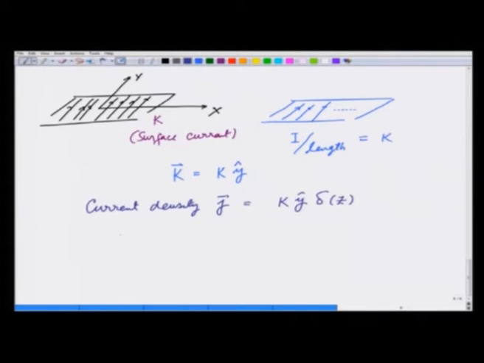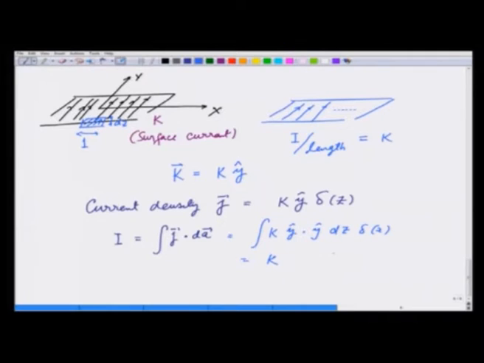According to the definition, I should be equal to J dot dA, and in this case the area would be across the plane. The height of this will be dz, and let us take the other dimension to be unit 1. So, this is going to be equal to K y dot area y 1 times dz times delta z, integral over z, which gives me K.